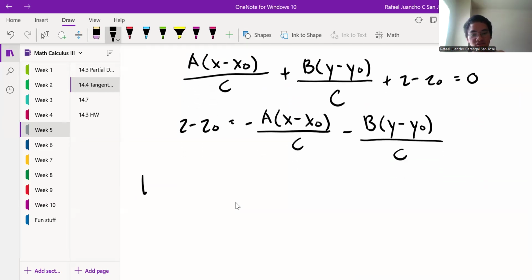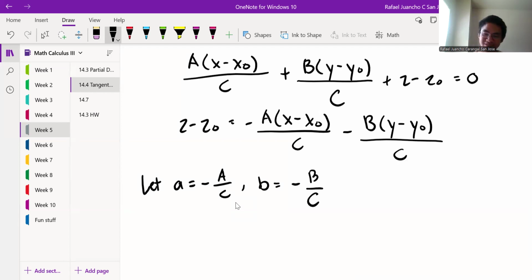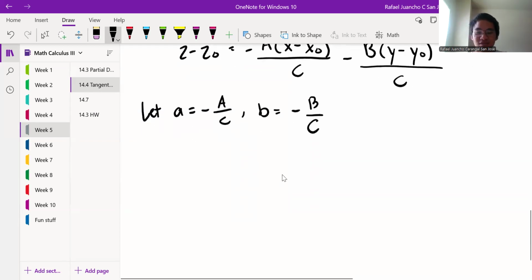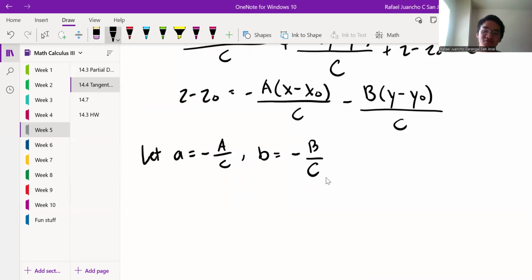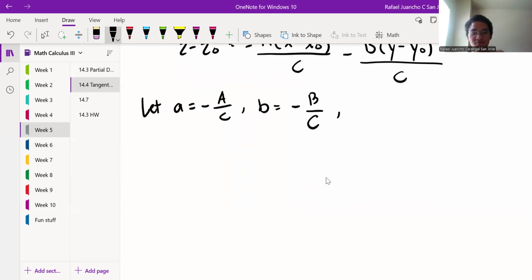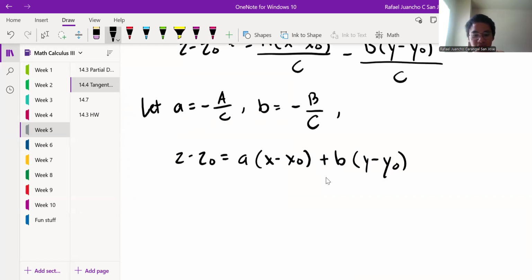Then after this, we're going to let a be negative a over c. And then b. Okay, I'm going to stop doing that. We're going to let b equal negative capital B over c. And so that's so many b's. A plus b, right? That's what we get.